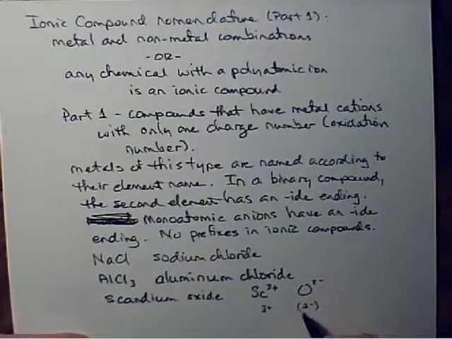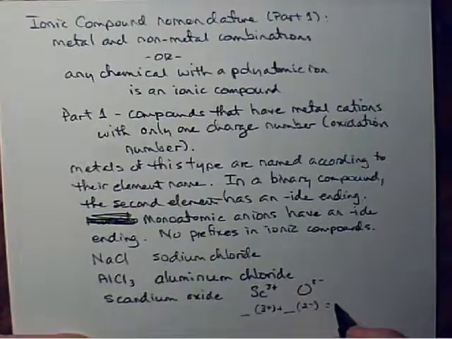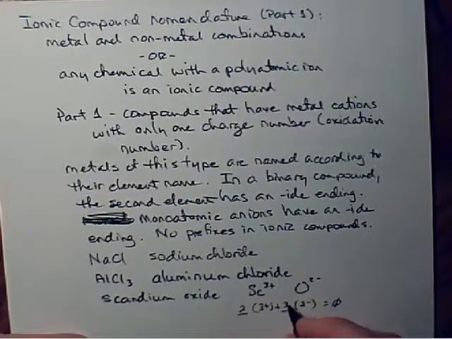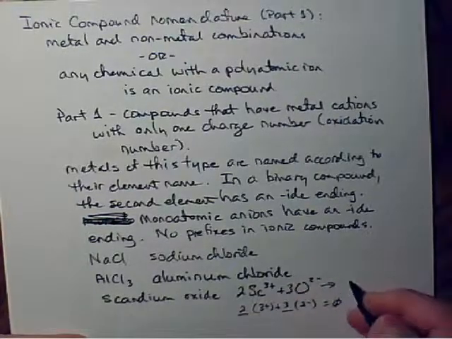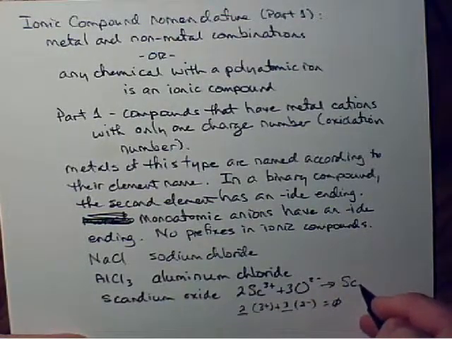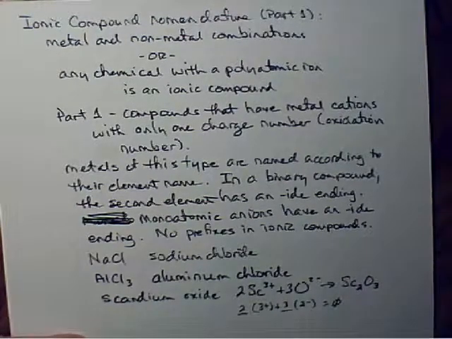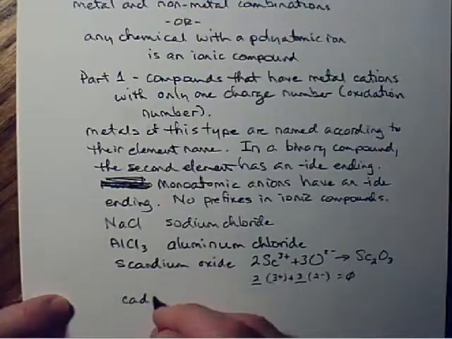I have a 2 negative charge here. I need to know how many of each of these I need to get a 0 charge when I'm done. So I have a 2 and a 3. So I need 2 of these and 3 of these. So I get a formula that's Sc, subscript 2, capital O, subscript 3. Scandium oxide. Try this one.